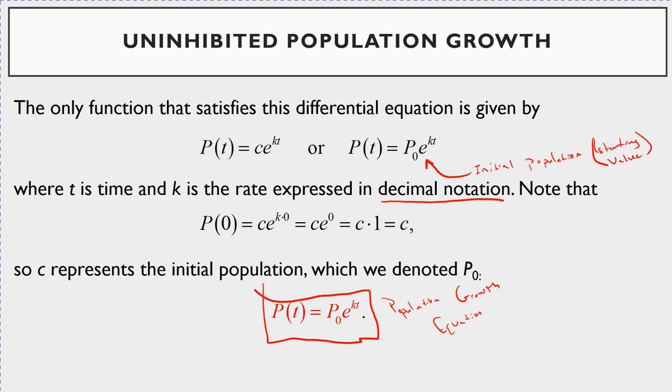T is time and k is some rate, and P sub 0, as I said, is the initial population, the starting value.